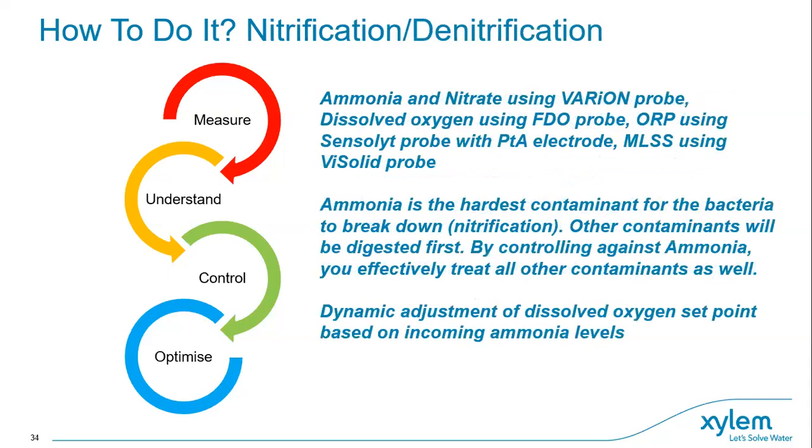For denitrification, very similar, all based on incoming ammonia probes, but we would also look to use something like an ORP probe to give us that further understanding of the process.